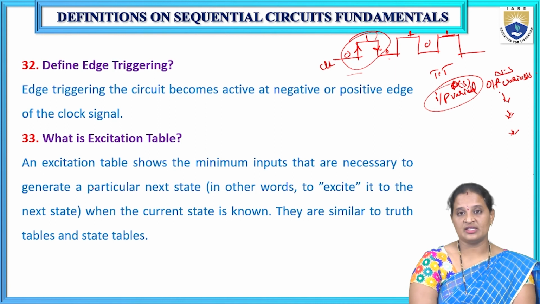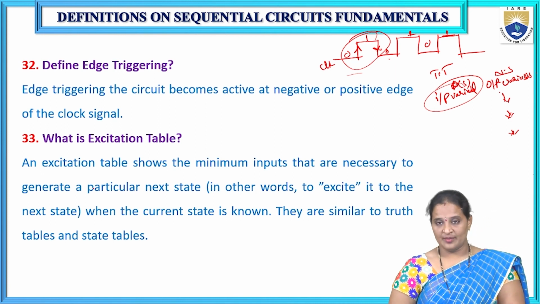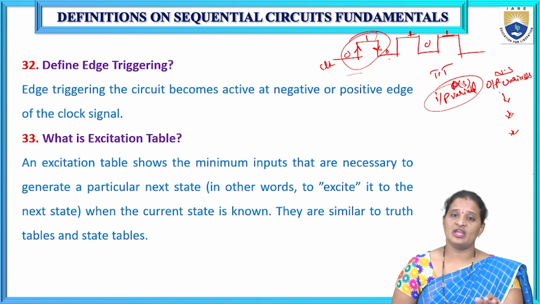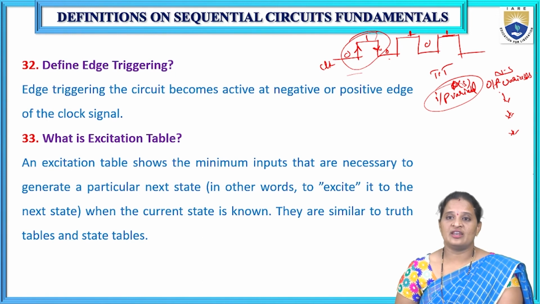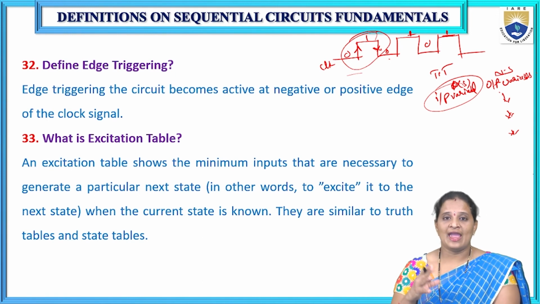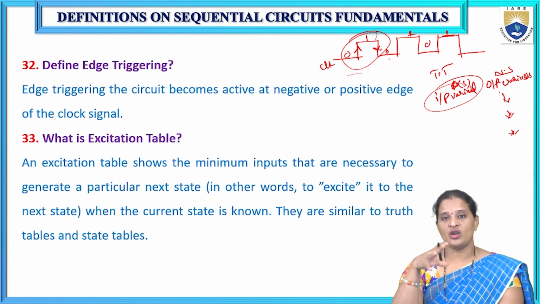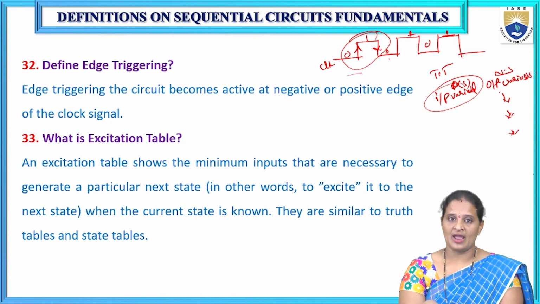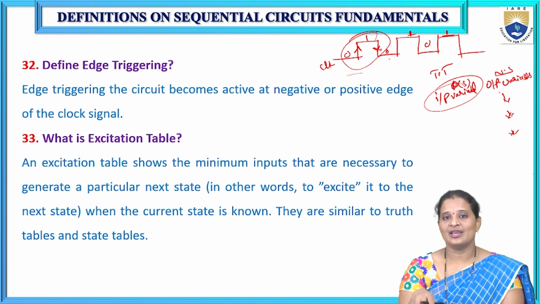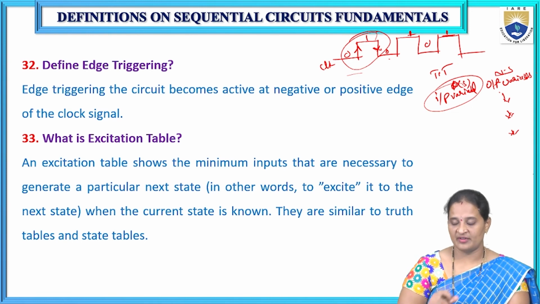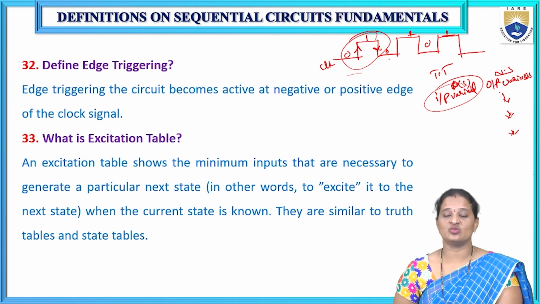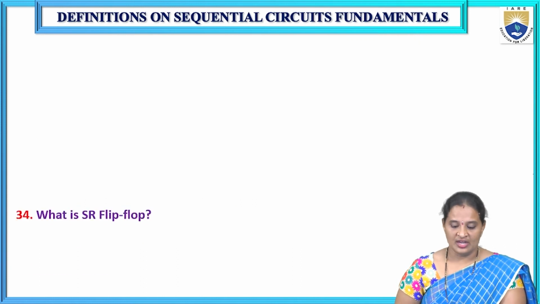That is said to be the excitation table. It is a table in which the present state and next state are considered, and the inputs that must be applied to a flip-flop to make the transition from present state to next state are derived. Such a table is known as an excitation table.